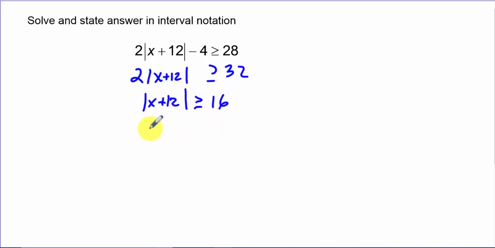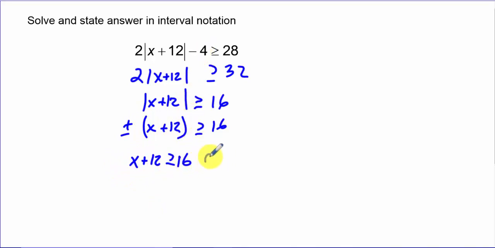Now I'm going to look at this and pull it out, plus or minus x plus 12 greater than or equal to 16 in absolute value. So I'll say the positive x plus 12 greater than or equal to 16. This was a greater problem, so this is an OR. Negative x minus 12 greater than or equal to 16. I have x greater than or equal to 4 or negative x.